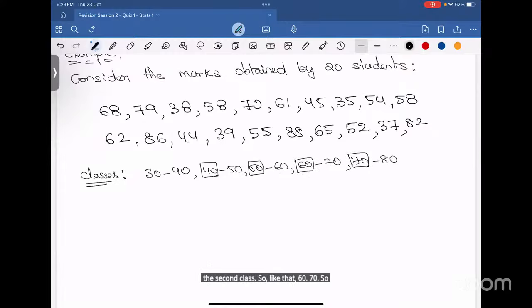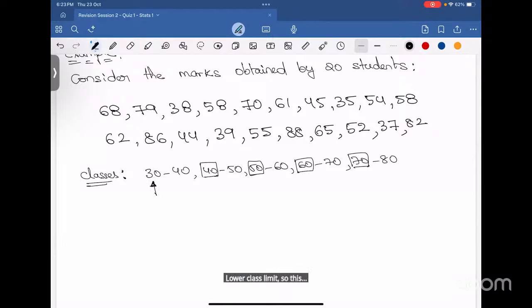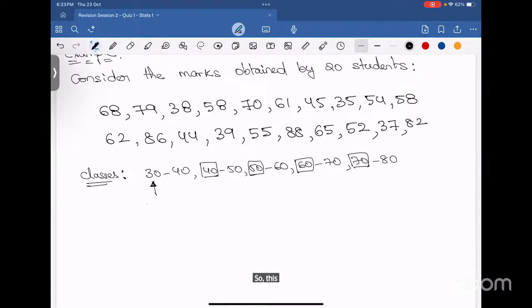So each class contains the marks starting from the lower class limit. Each and every class will have 2 limits: one is the lower class limit and the other the upper class limit. The leftmost point or the least value in the class is called the lower class limit, and the rightmost value is called the upper class limit.